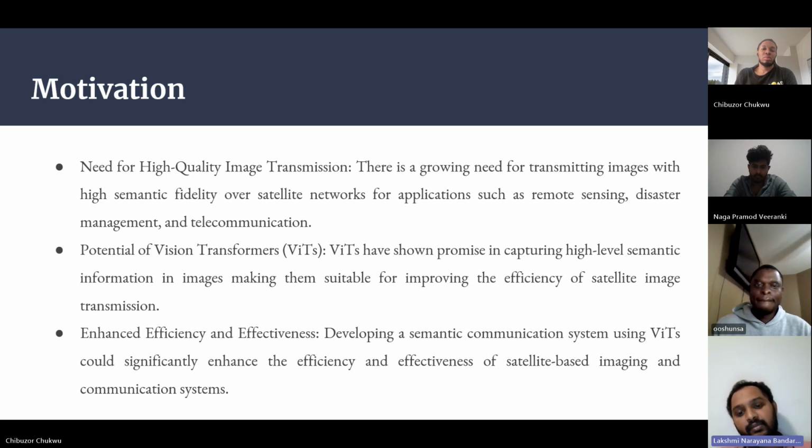Developing a semantic communication system using ViT could significantly enhance the efficiency and effectiveness of satellite-based image and communication systems.